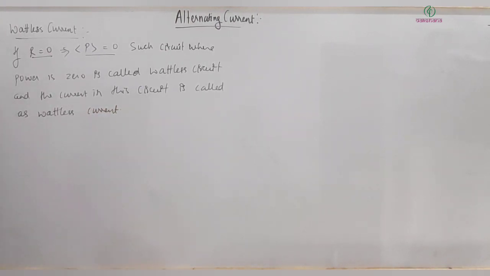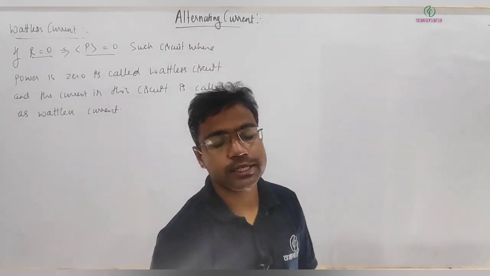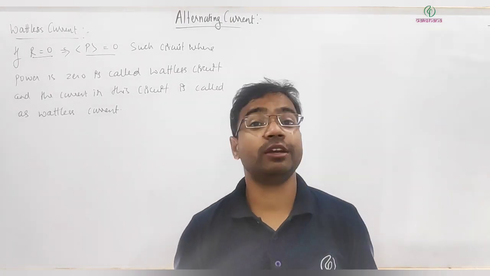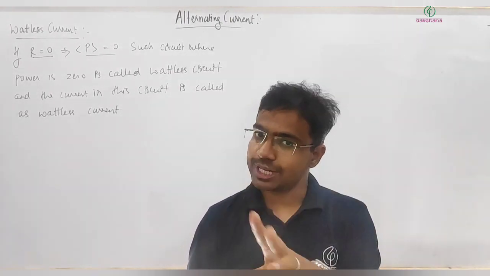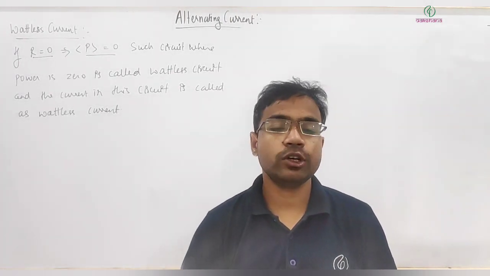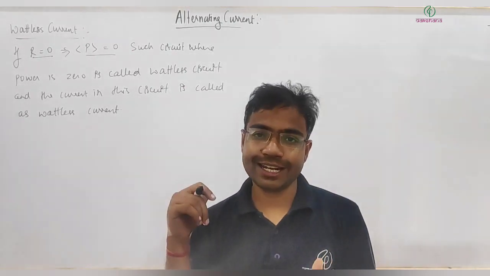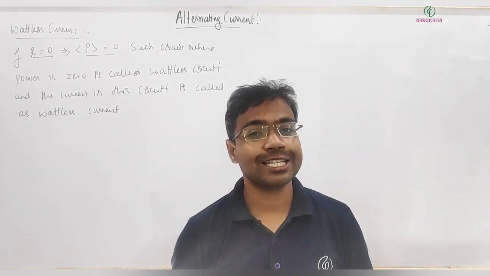Clear? So if resistance in a circuit is 0, then we can easily understand that there will be no loss in power. So such a circuit is called a wattless circuit, and the current flowing in that circuit will be called wattless current.